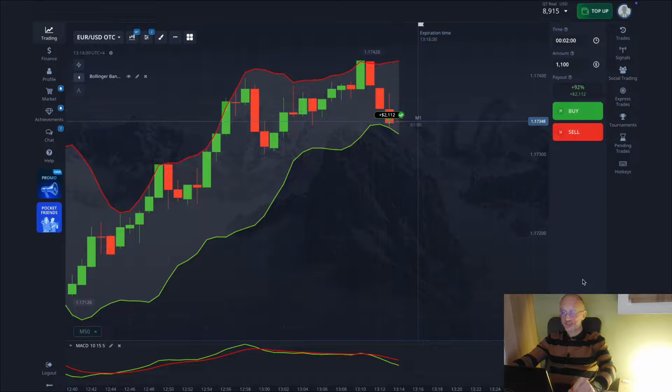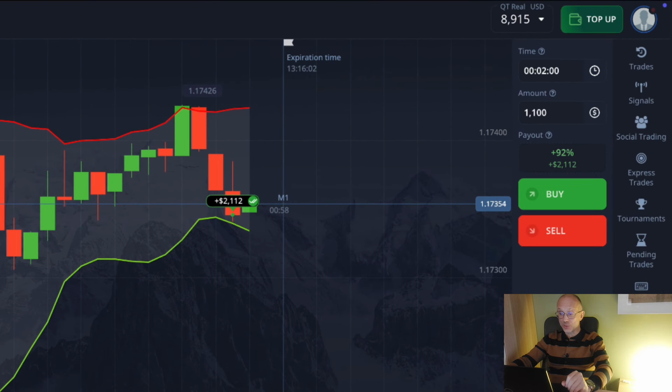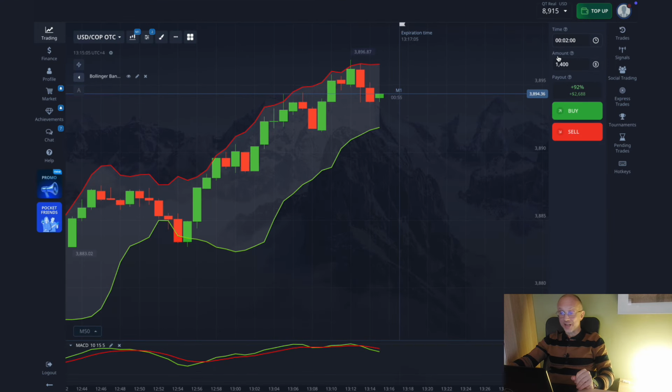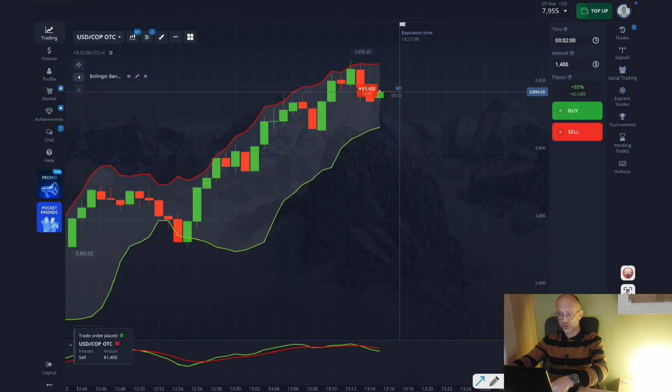Well, an excellent result. Another $1,012 in profit. Let's move on. I see a clear trend. With an expiration of 2 minutes, I'm opening a short trade for $1,400. The chart clearly confirms this picture. The price can't withstand the pressure and begins a steady downward movement.